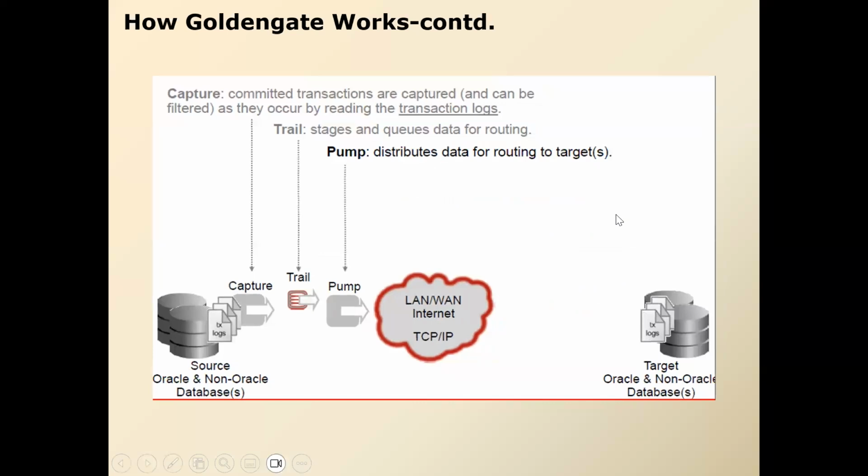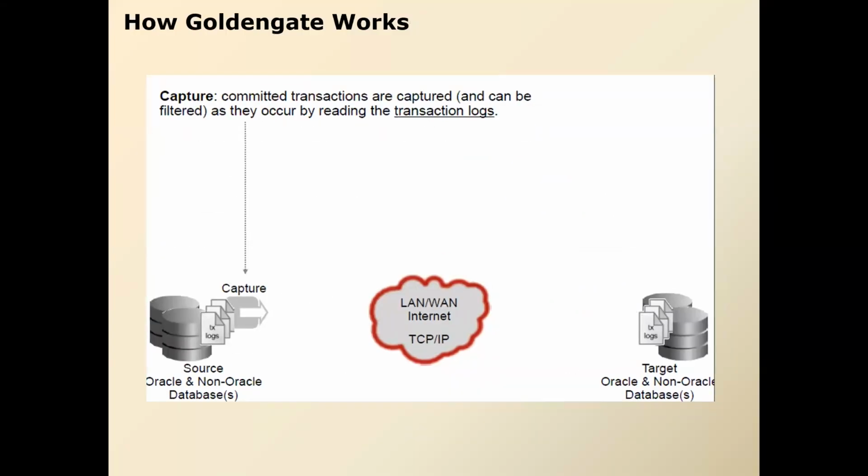Oracle GoldenGate architecture looks like this. You have a source database and you have a target database. Each database has its own transaction logs. In the case of Oracle, these transaction logs are called redo logs, or backups of redo logs, which are called archive logs. Whatever changes you make to the database get logged into the transaction logs. Once those changes are logged, the GoldenGate capture process captures the committed transactions.